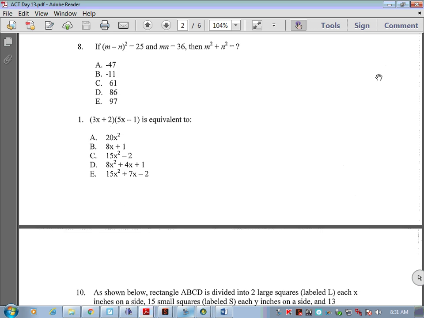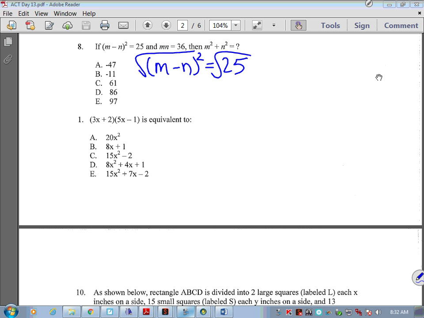If m minus n squared equals 25 and m times n equals 36, then what is m squared plus n squared? Let's see. All right, let's do this. M minus n squared equals 25. I really don't want the square on this side. What can I do to both sides? Let's square root it. So what is m minus n? 5.